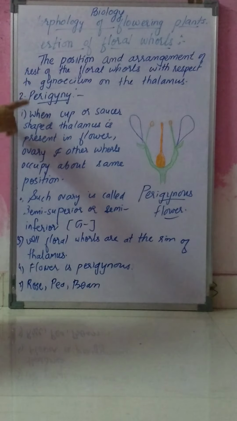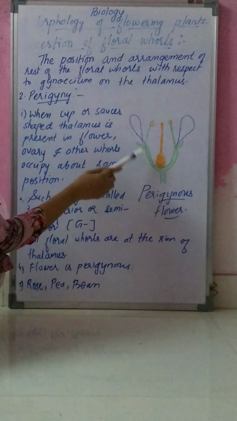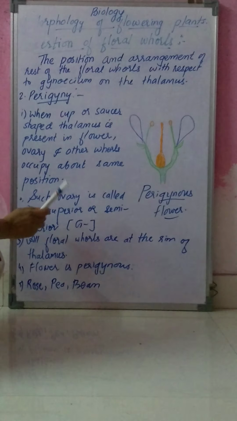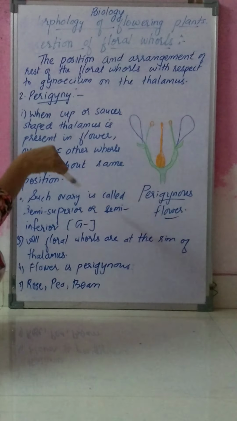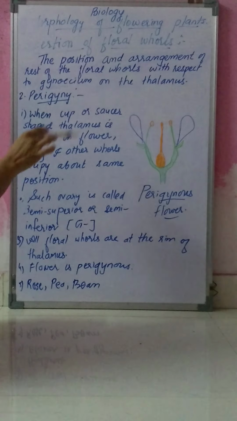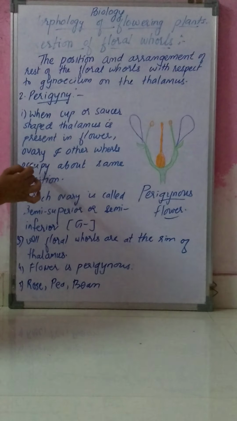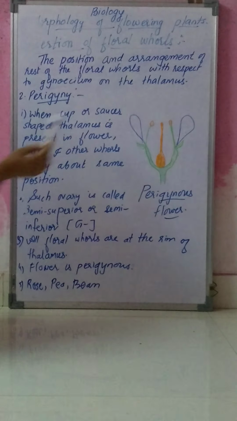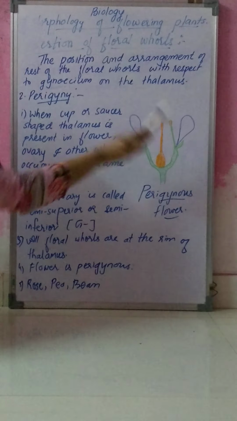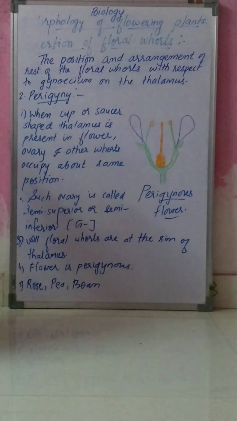Next, the second is perigyny. In perigyny you can see the shape of the thalamus is cup shape, or sometimes saucer shape. If it is present in a flower, the ovary and other floral whorls occupy about the same position. That type is known as perigyny.